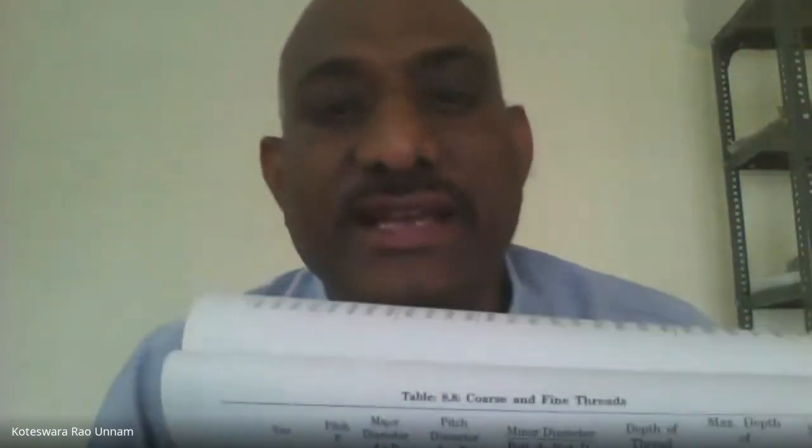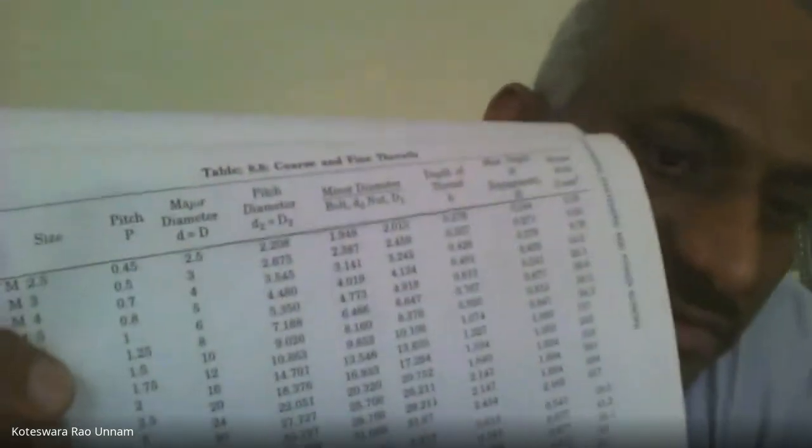So we talked about how to compute the tensile stress area. Here, this table, I think it is page number 8.21, threaded fasteners, is there in our data book. If you open this, is the table visible to you?